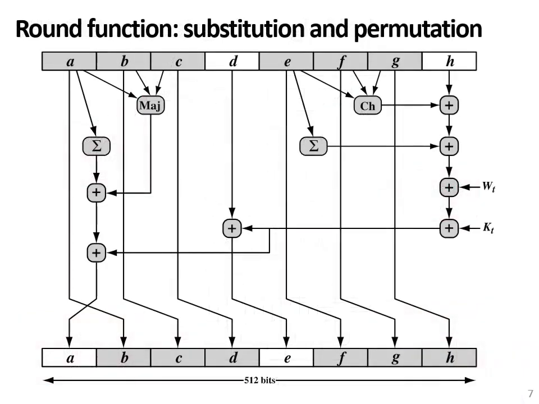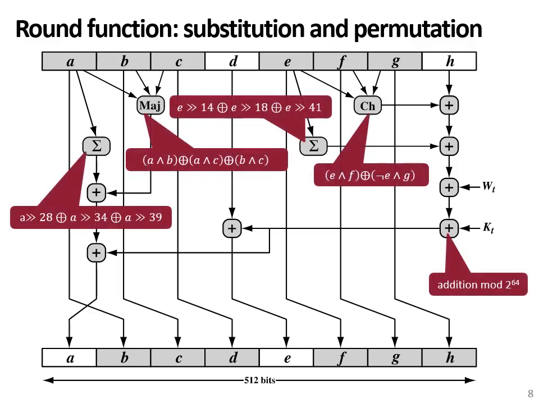And here you can see how in each of the 80 rounds, the 8 words of 64 bits are combined with the value W derived from the message block M and the constant K to produce the 512-bit output of that single round. I won't go into too much detail of the specific operations. However, it's important to note that 6 out of 8 words are simple permutations, namely the ones marked in gray.